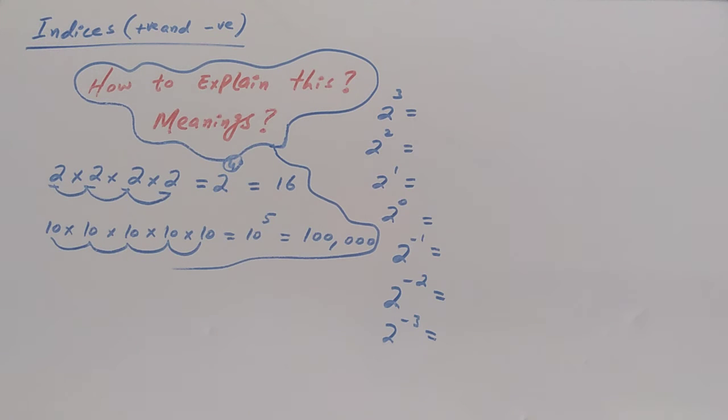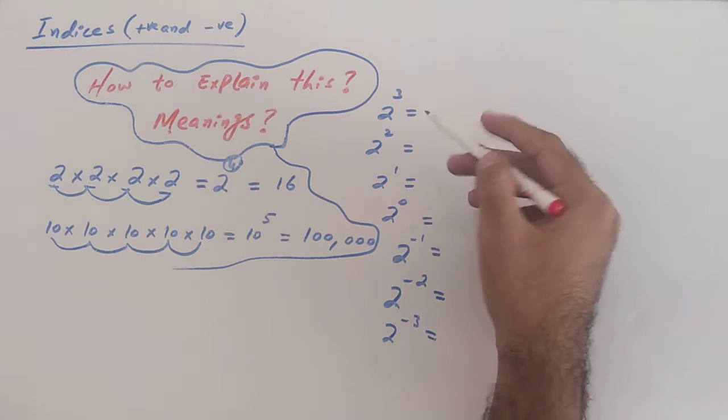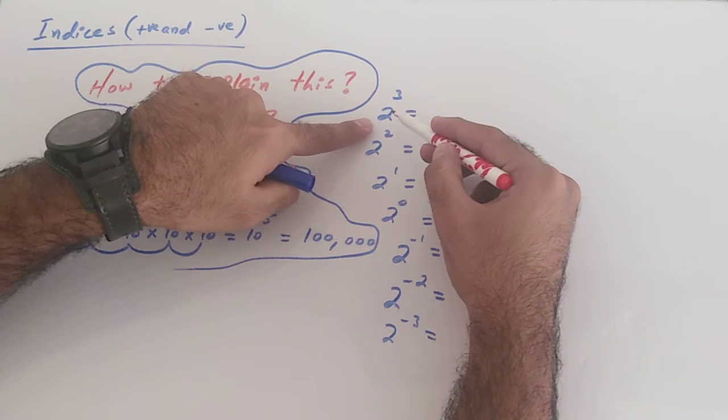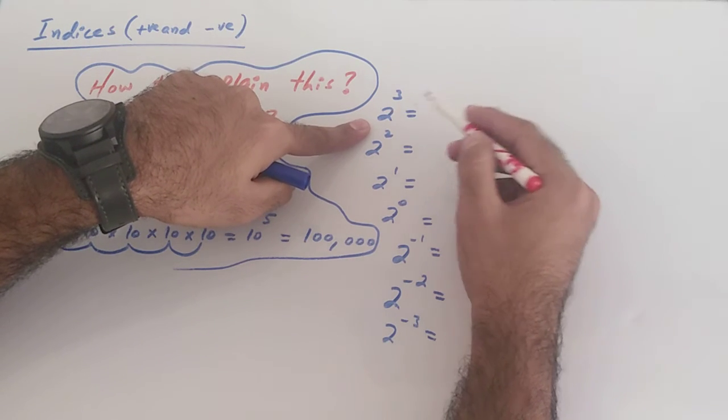If we start with the first one, it says 2 to the power of 3. It actually means we have to multiply 2 with 2 3 times.